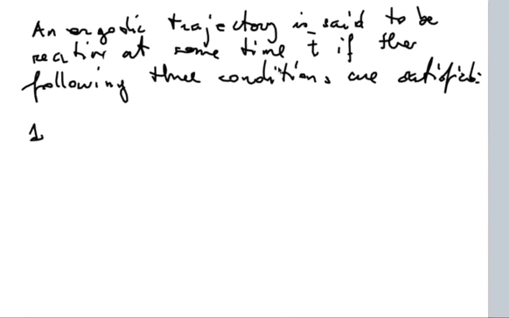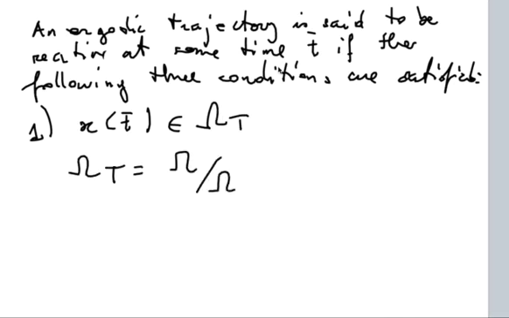Number one, x of t bar belongs to omega transition, and omega transition is omega modulus R union P. Sorry, I used omega to describe hypersurfaces, while in the notes I use omega to describe volume, so that's a bad notation.